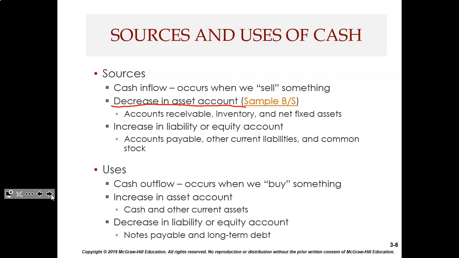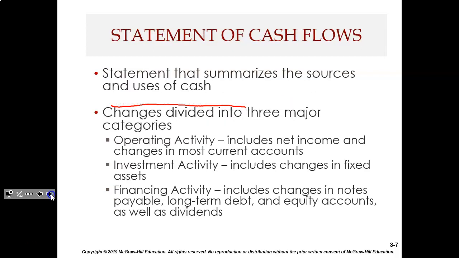Okay. If we decrease any liability, all right, we're using our cash again. Basically, we're paying off debt, which is a good thing, getting out of debt. Okay, so any decrease in that liability account is a use of cash.